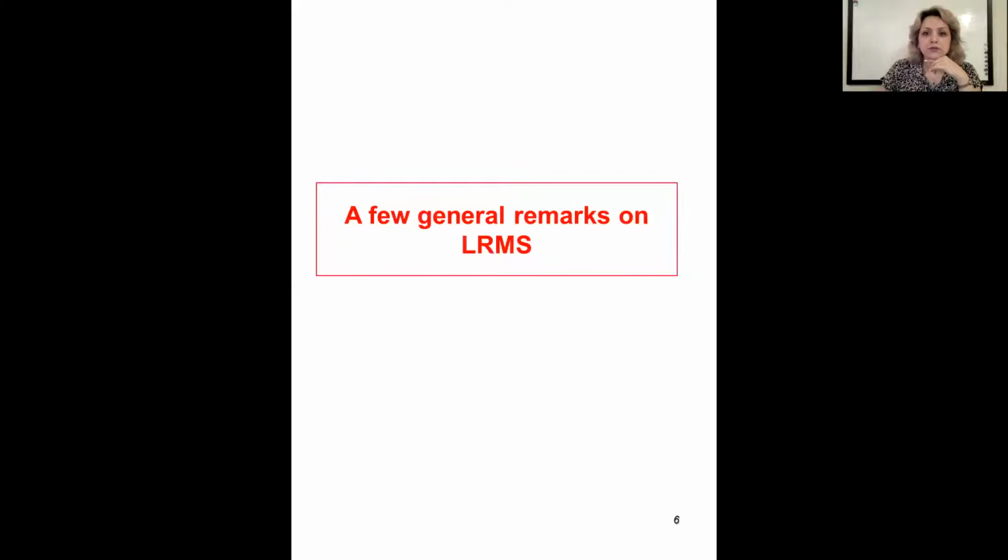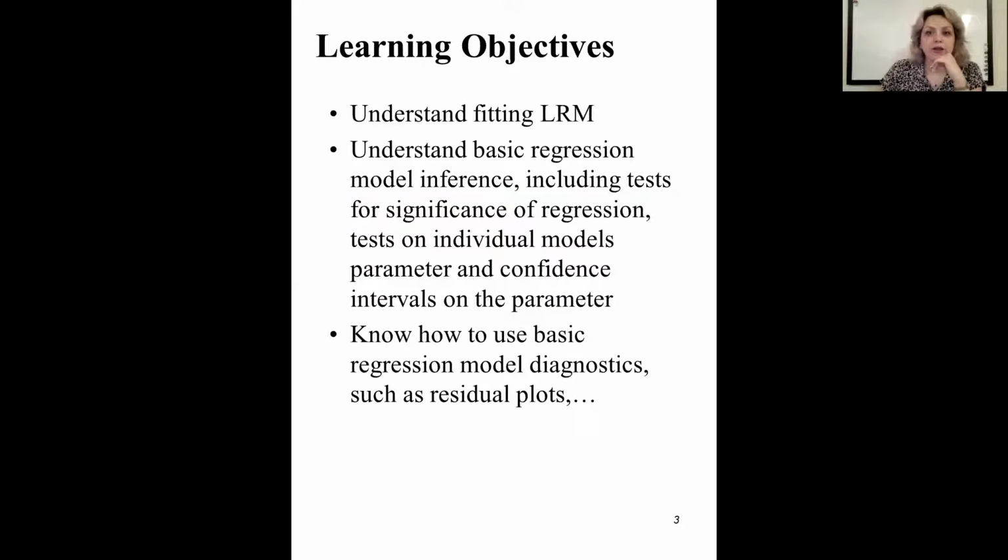Here are our learning objectives. You want to understand what it means when we say fitting a linear regression model. You want to understand basic regression model inference, including tests for significance of regression. The test for significance of regression is where we check whether the betas, like the slope, are equal to 0 or not.